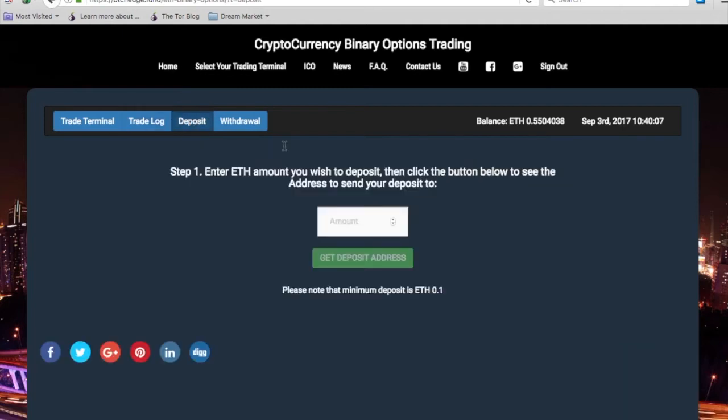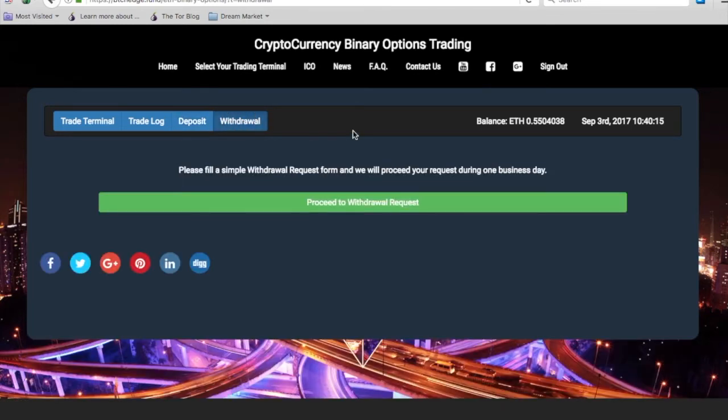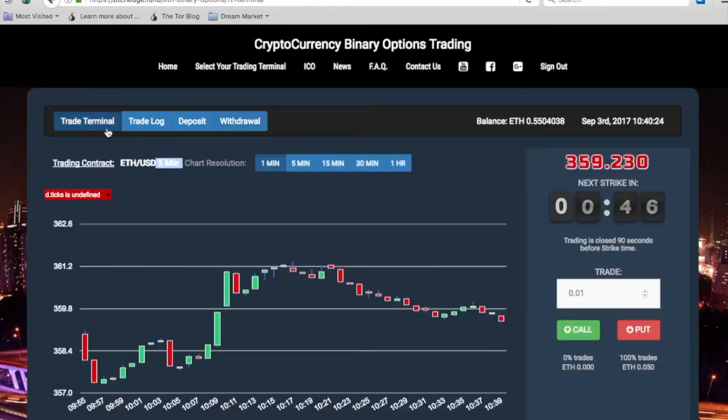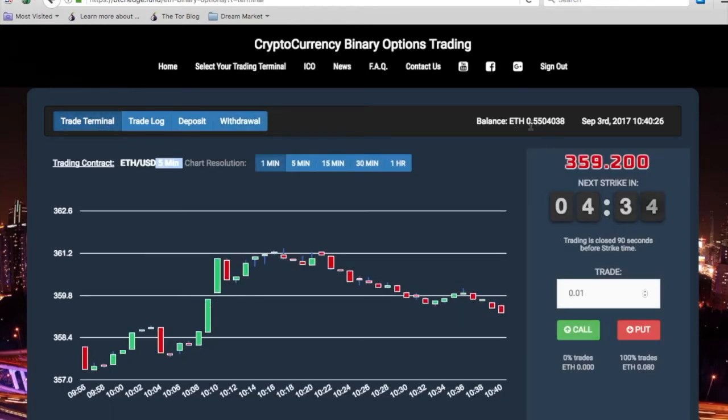So let's return to the trade terminal and see what we have here. On the top we have our trading balance, it's always shown there. We also have a server time right next to it, and then we have a chart on our left. And we have a different resolution of the chart. By default it's 1 minute.